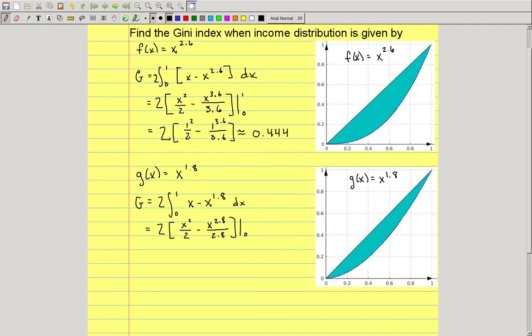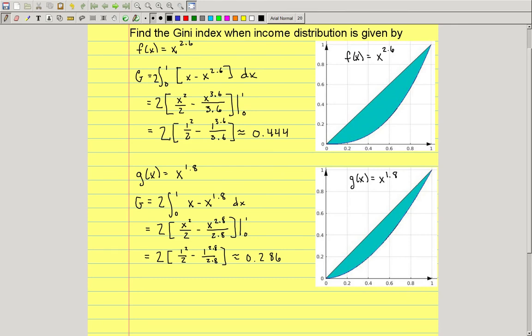And we're going to evaluate those from 0 to 1. Just like last time, if we plug in 0, we're going to get 0, so we will skip writing that down. And we're left with 1 squared divided by 2 minus 1 to the 2.8 power divided by 2.8. And 1 to both of these powers is just 1, so we're left with 1/2 minus 1 over 2.8. Again, appealing to our calculator, we're going to get that the index here is 0.286, rounded to the 3rd decimal place.